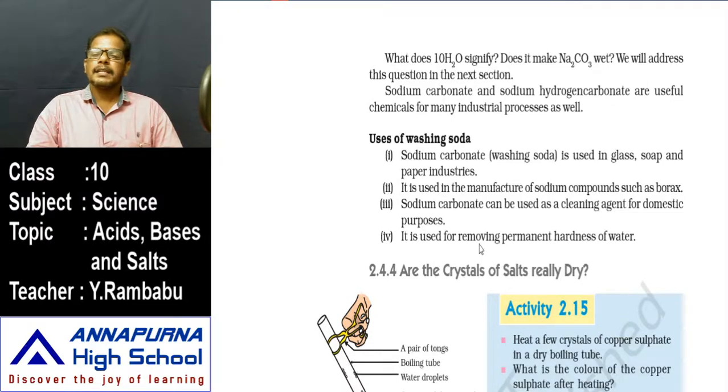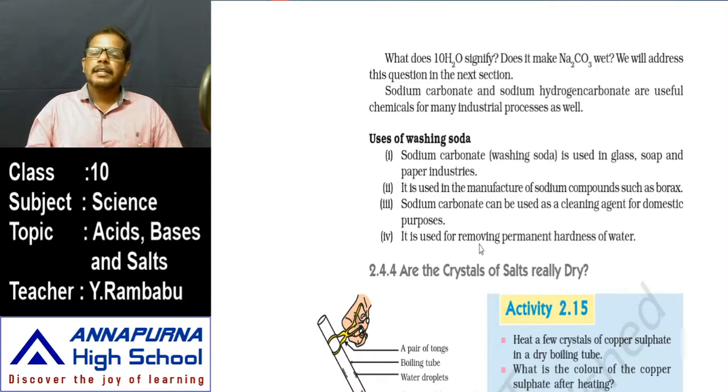Already we have learned what hardness of water is. Water is classified into two types: soft water and hard water. Soft water means the water which gives much lather, that is foam, with soap. The water which doesn't give lather with soap is called hard water.